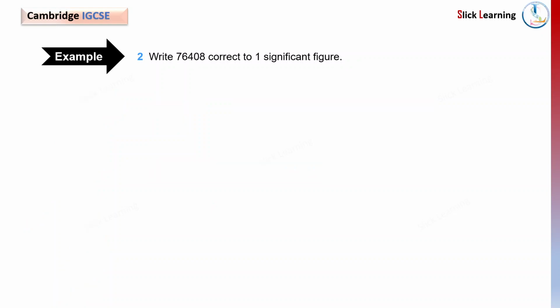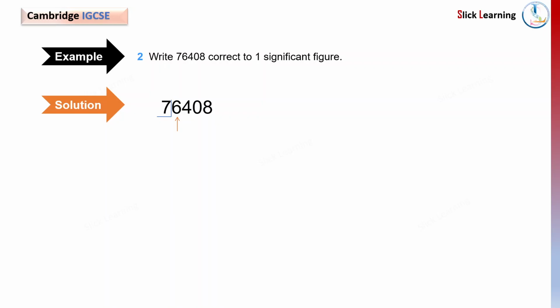Let's see more examples. Here we again have 5 significant figures in the question, but we need to give the answer only up to 1 significant figure. So we are going to round it up to 7, but just after 7 the digit is 6, which is greater than 5.